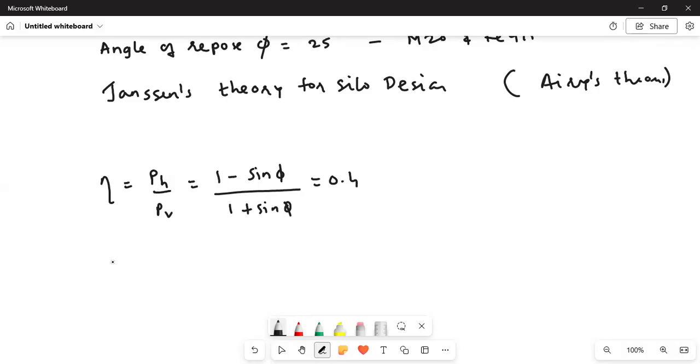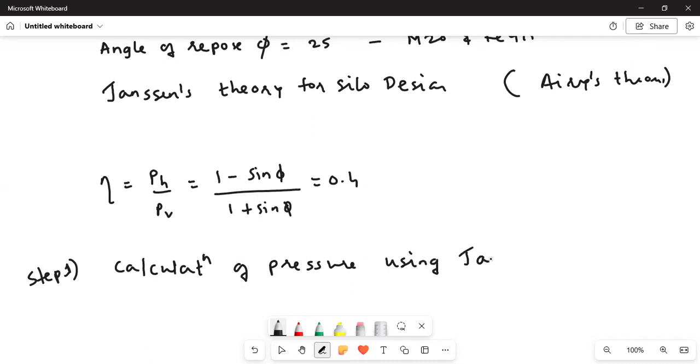In the Jansen's formula, I will just tell you what is Jansen's formula. Step one in the design problem: calculation of pressure using Jansen's theory.